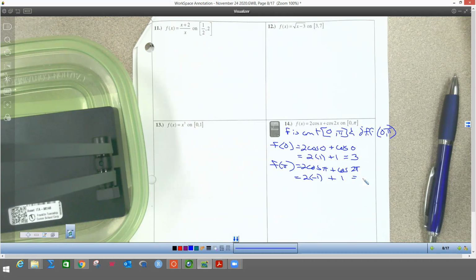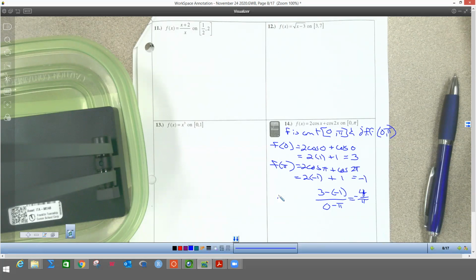So negative 2 plus 1 is negative 1, so there's my other point. So I need to get the slope of these. So I get 3 minus negative 1, the change in the y's, over the change in these x's, 0 minus pi, so this is going to be 4 over negative pi, so negative 4 over pi. So that is going to be my slope.